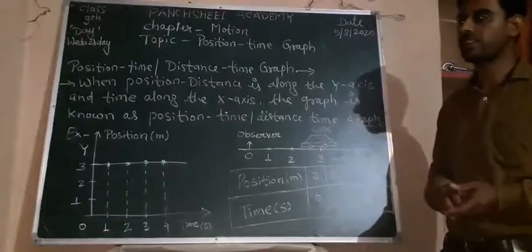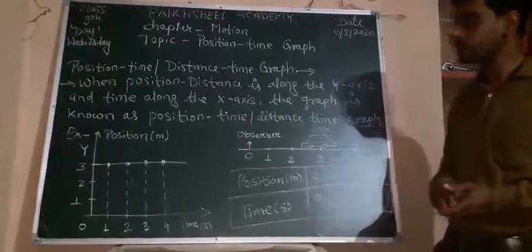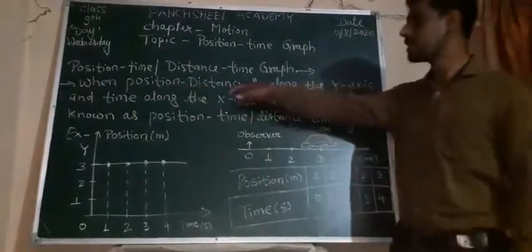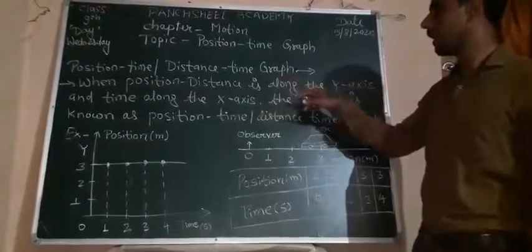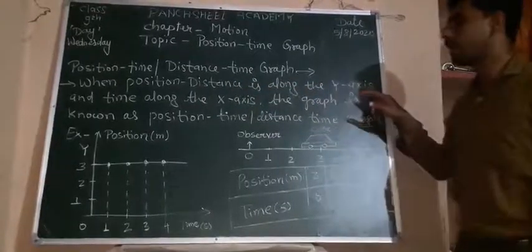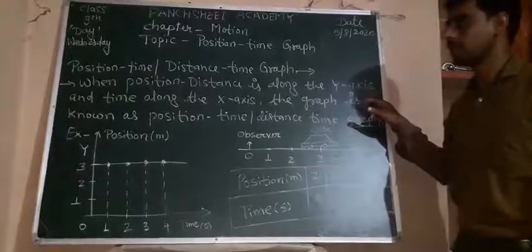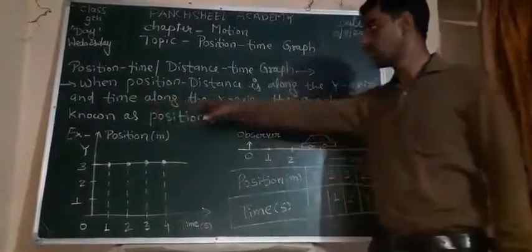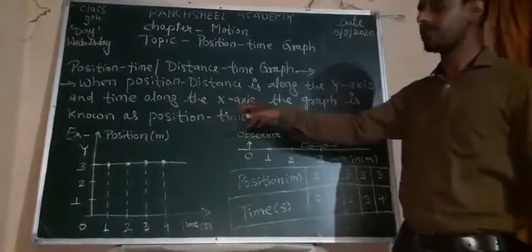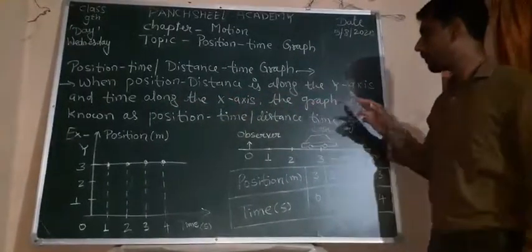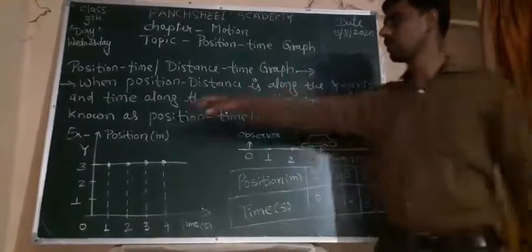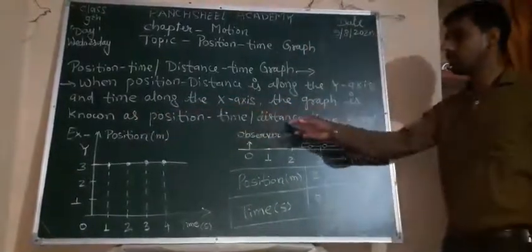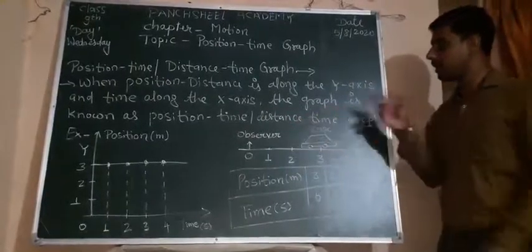So when position or distance is along the y-axis and time along the x-axis, the graph is known as position time or distance time graph.